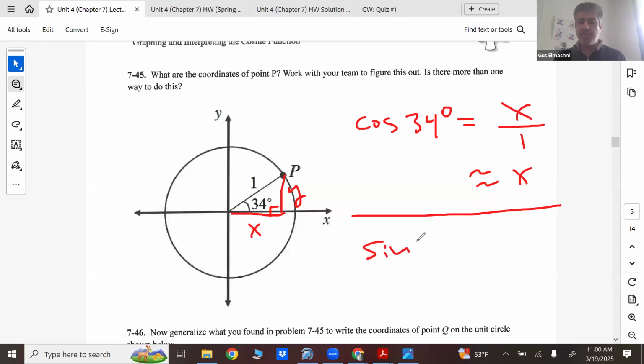Or sine of 34 degrees equals y over 1. So cos 34 equals x. What we're going to discover is that the x coordinate on the unit circle will always be cosine, and the y coordinate will always be sine.